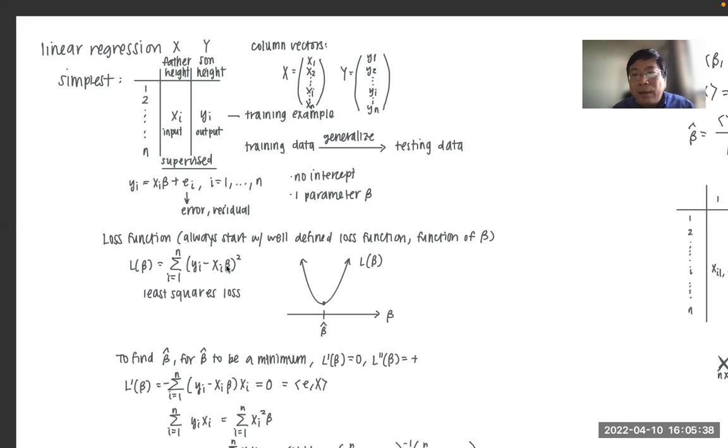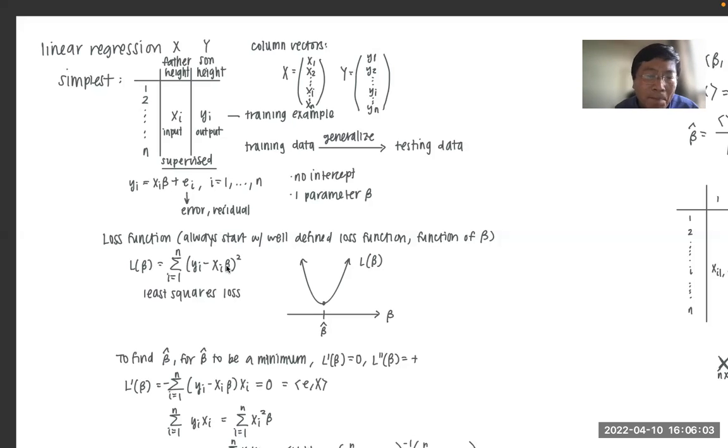And then at about the same time, another scientist, Legendre, also developed the least square method, and the two later had a dispute about the priority as to who was the first to develop this least square method. But anyhow, that's not related to our study.